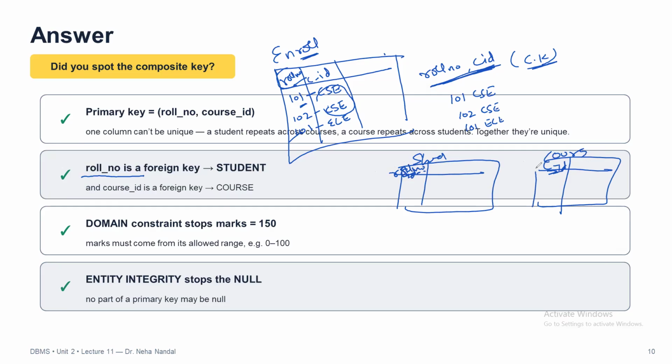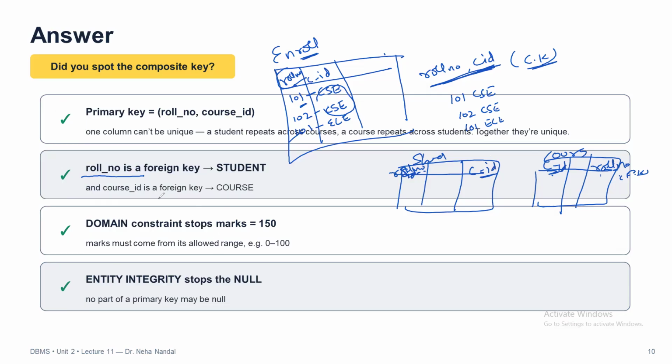In this enroll table, the roll number will act like a foreign key, because it tells which student belongs to which course. Similarly, course ID will be a foreign key from the course table.